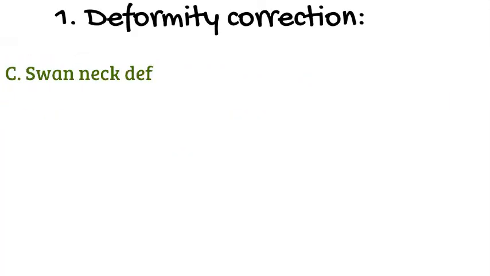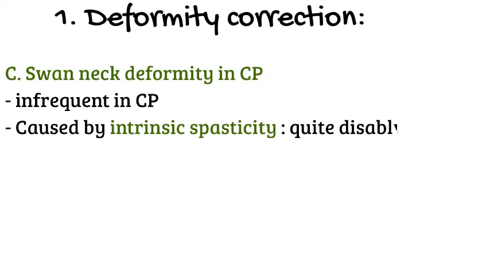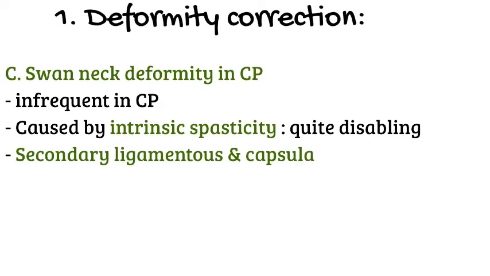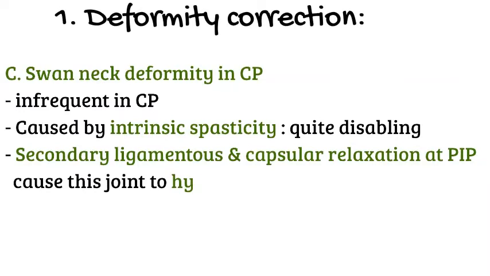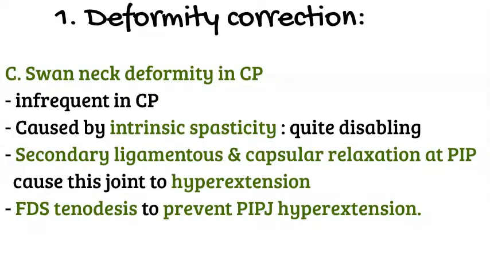C. For correction of swan neck deformity in a cerebral palsy patient. It is an infrequent finding in CP patients. It is caused by intrinsic spasticity. The problem is it is quite disabling. Secondary ligamentous and capsular relaxation at the proximal interphalangeal joint, PIPJ, causes this joint to hyperextend.